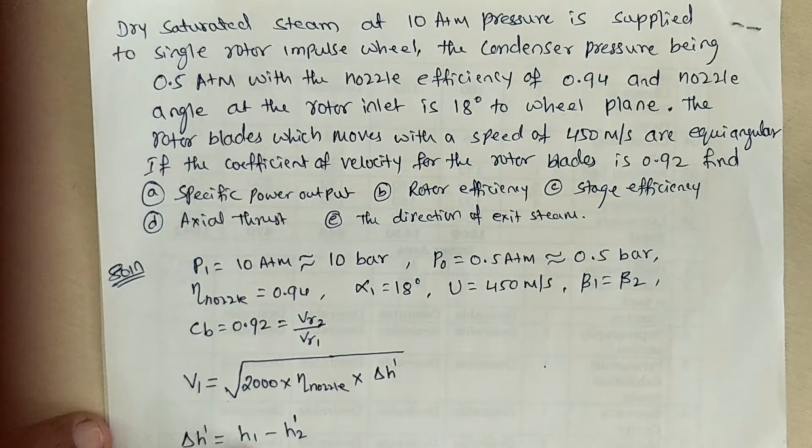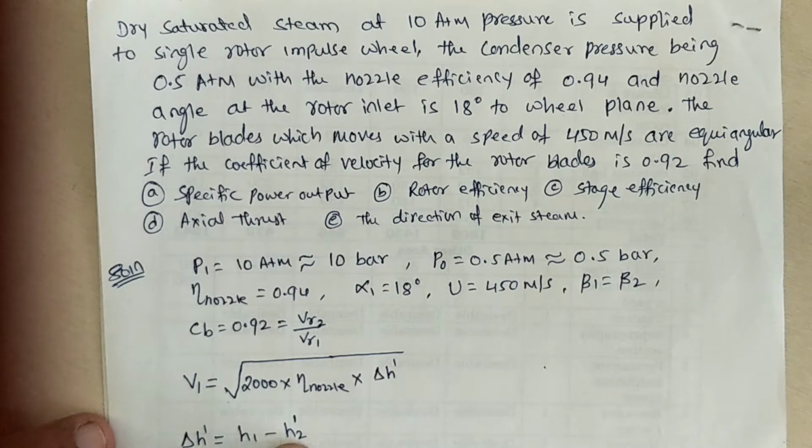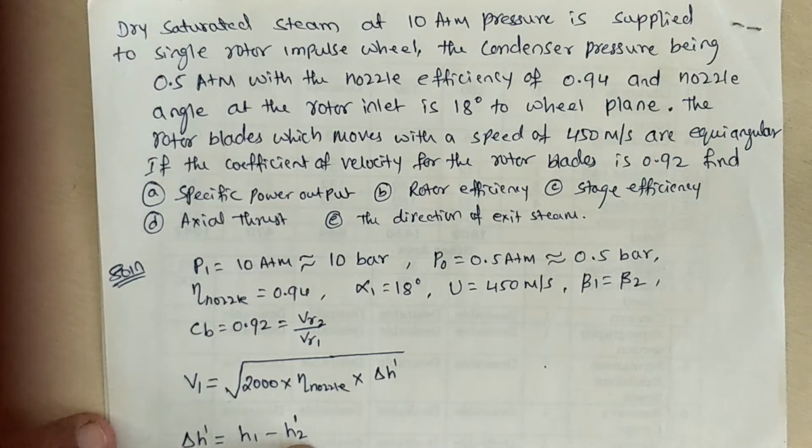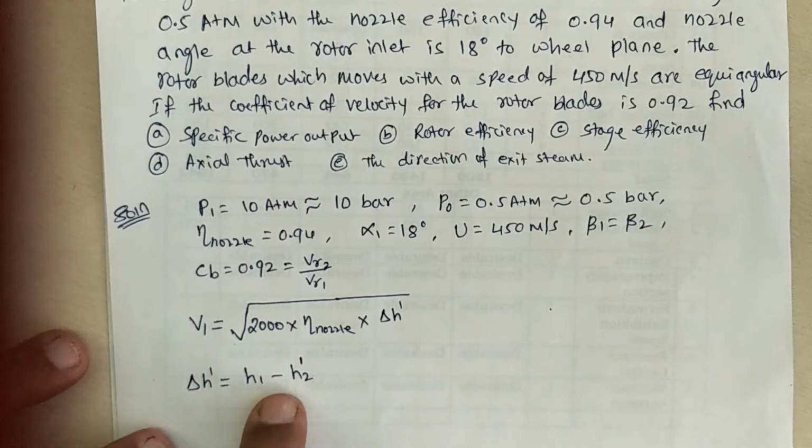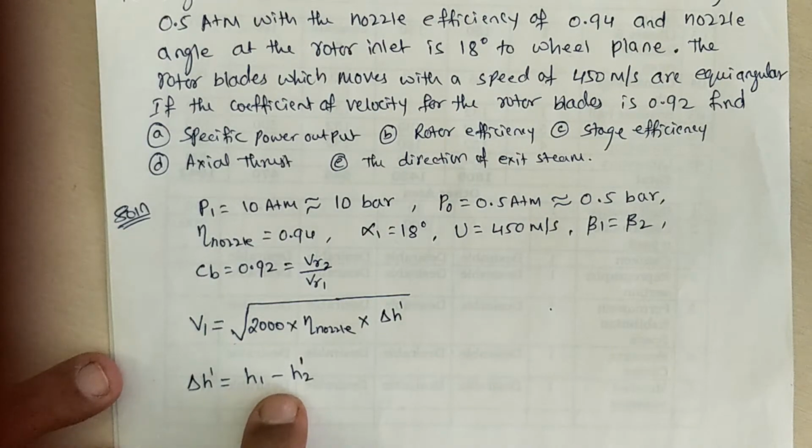At the same time we need to calculate the value of h2 dash. h2 dash is the isentropic enthalpy drop. So that value is to be calculated, right? These values h1 and h2 dash are to be calculated from the Mollier diagram. The Mollier diagram is there at the end of the steam table.